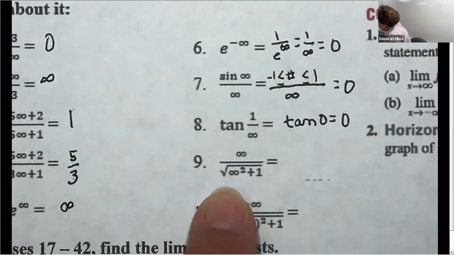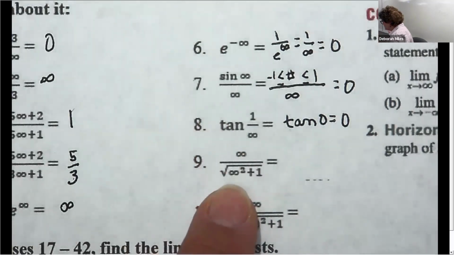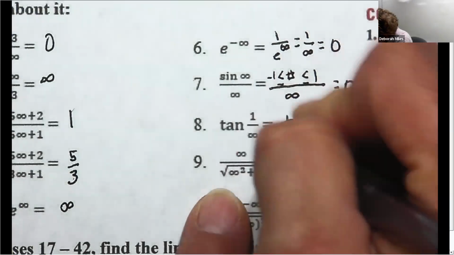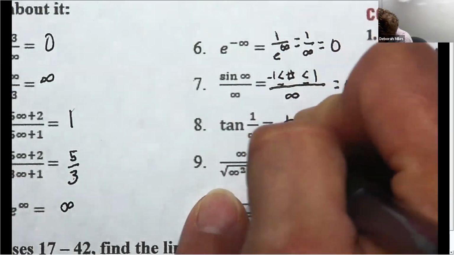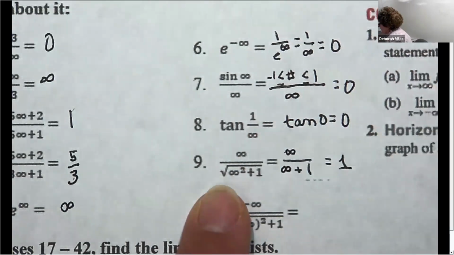Well, the square and the square root would undo each other, and this would just end up being bazillion over bazillion and 1, which is just 1. And that's approximately infinity over infinity plus 1. And that's just 1.